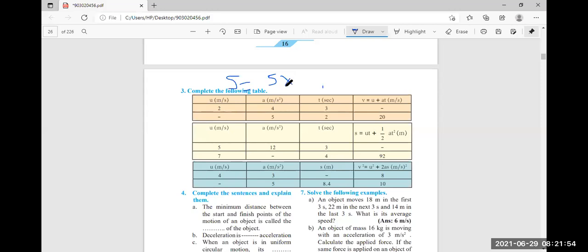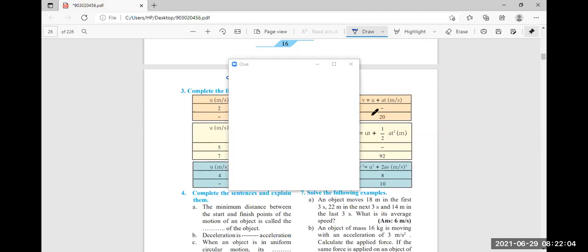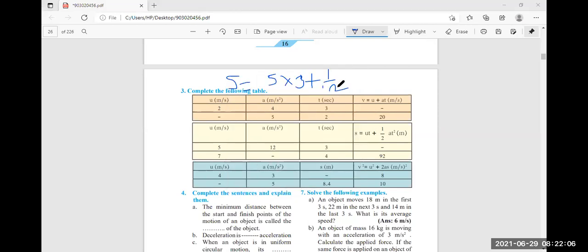Put the values. Plus 1/2, multiply by A. A is given here, 12. And T square means we have to take 3 square. So like this you have to put it here.